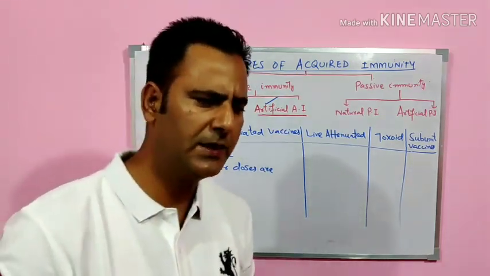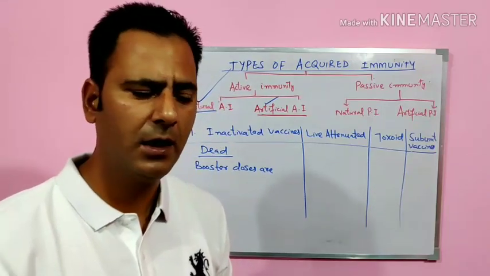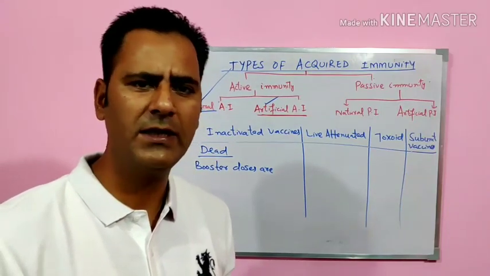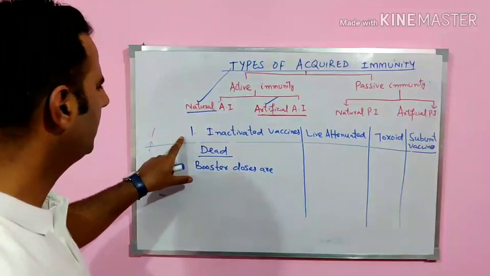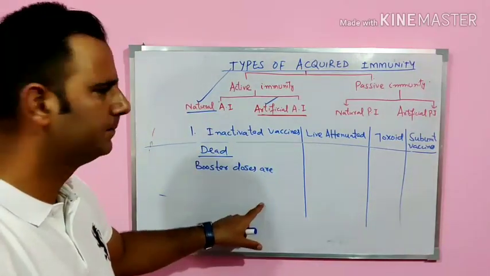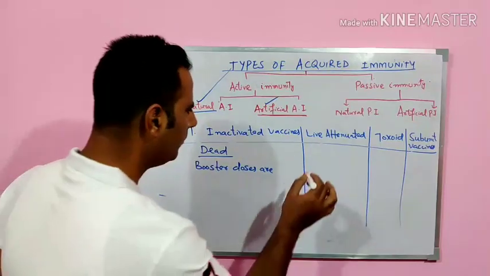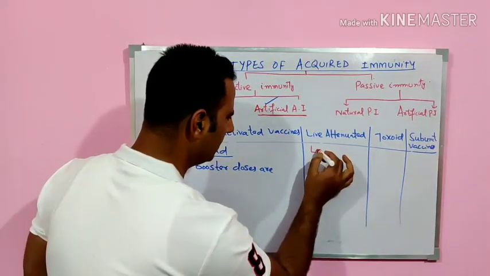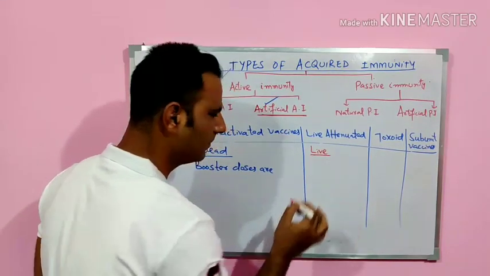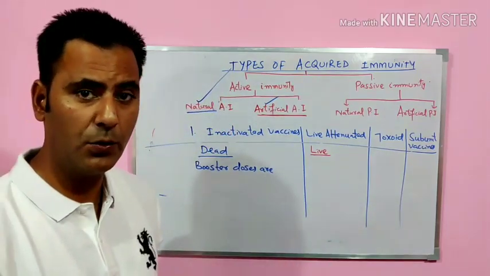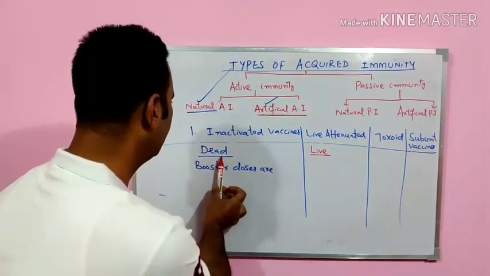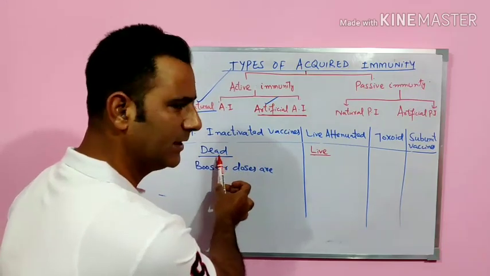And we have the flu vaccine, the hepatitis A vaccine, the cholera vaccine. Such vaccines are basically inactivated vaccines. Then we have live attenuated. Here, the microorganism we are using is live. It's a live microorganism, not a dead microorganism as in the previous case.